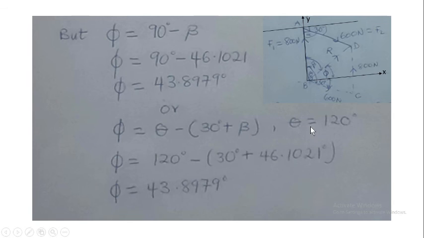And then when you slot in the value of theta, you get 120 degrees minus 30 degrees minus 46.1021. Then when you punch your calculator very well, you will get the value of phi to be 43.8979 degrees, and that is the angle the resultant made with the positive x-axis.